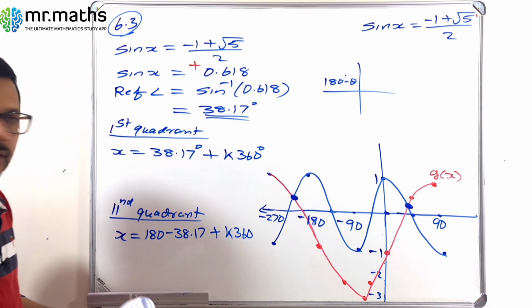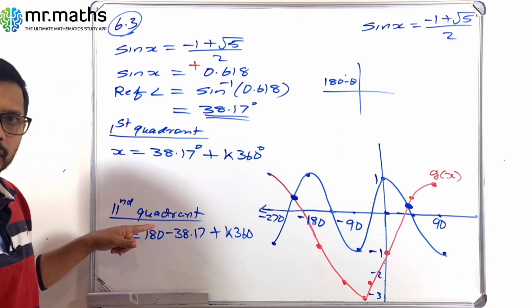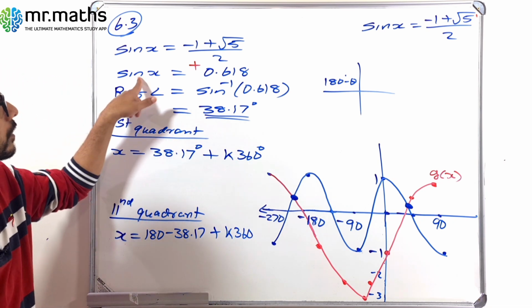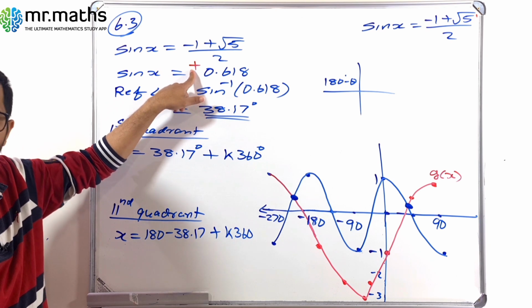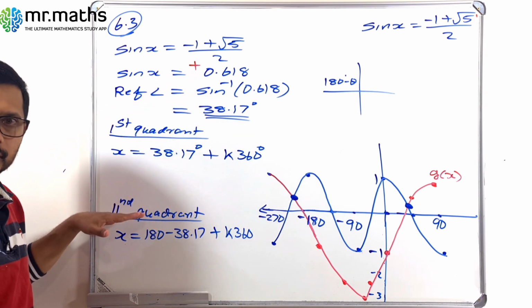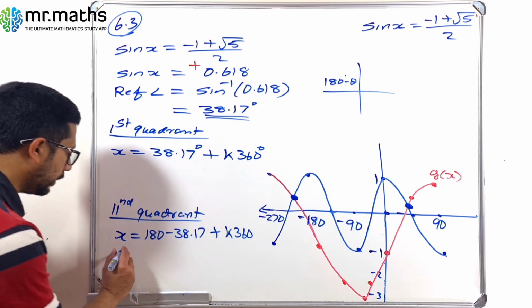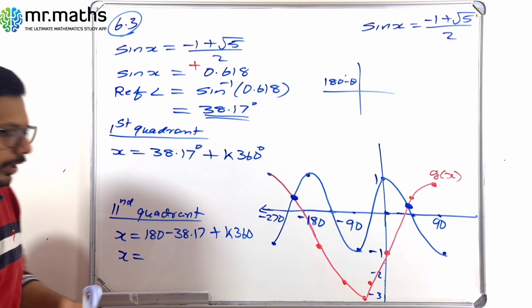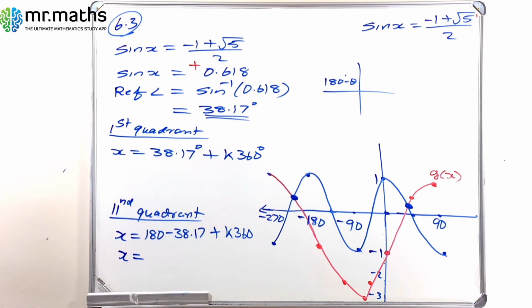Why do we choose the first quadrant and second quadrant? Because sin is positive in the first and second quadrant. Check in your calculator the answer for this one. 180 minus 38.17, that is 141.83.